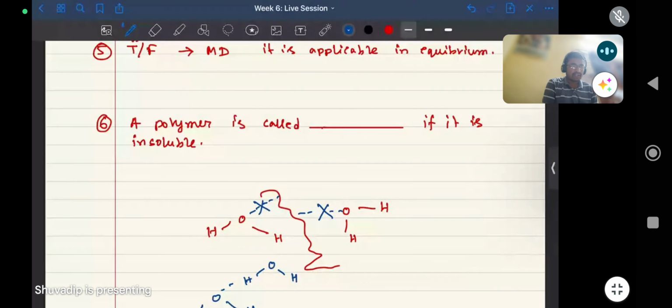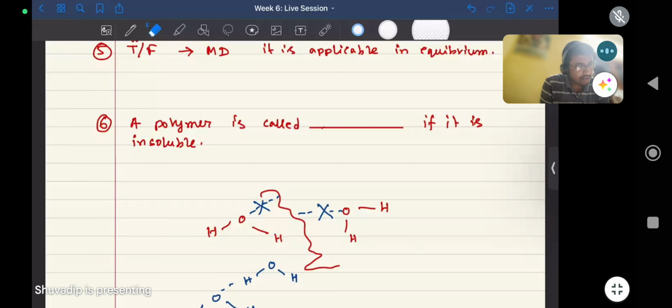So in that case, it will try to push the polymer chain into a configuration which is very collapsed if it is not forming any hydrogen bonding with the water. So if it is not forming hydrogen bonding, if it is not soluble inside the water, then we call it hydrophobic.